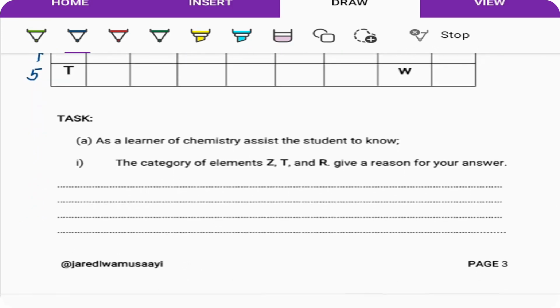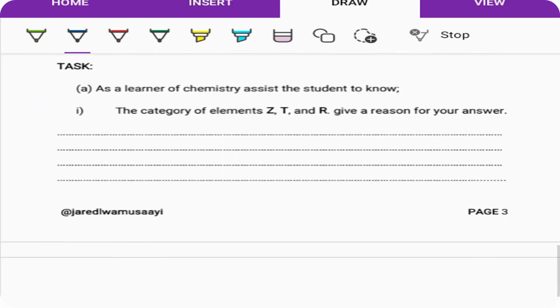So we need to categorize these elements. Remember, I categorize them as metals or non-metals. And now since they are found in group 1 and 2, then they are metals. So we can say that elements Z, T and R are metals.